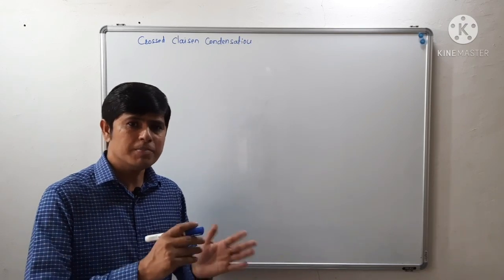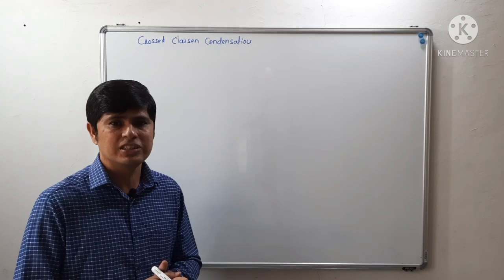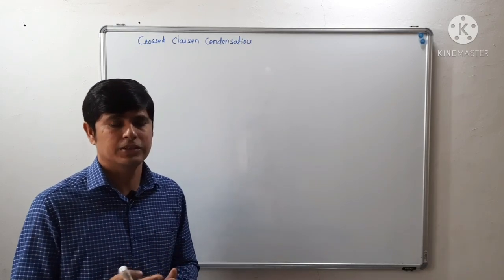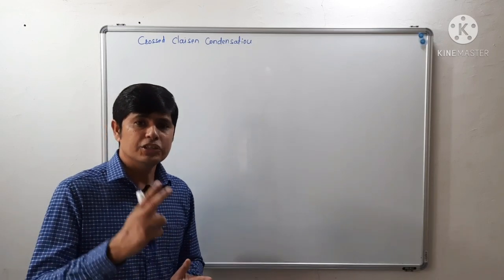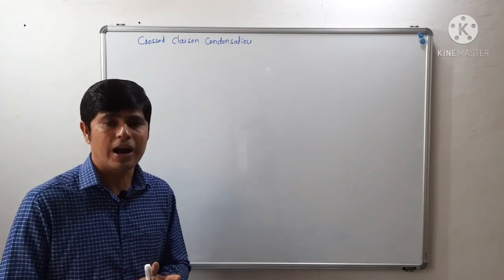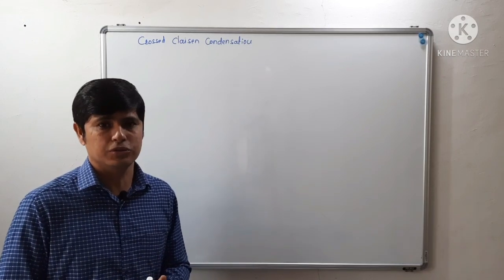Now what is meant by the cross Claisen condensation reaction? In a cross Claisen condensation reaction, two different ester molecules which have alpha hydrogen atoms are condensed together.